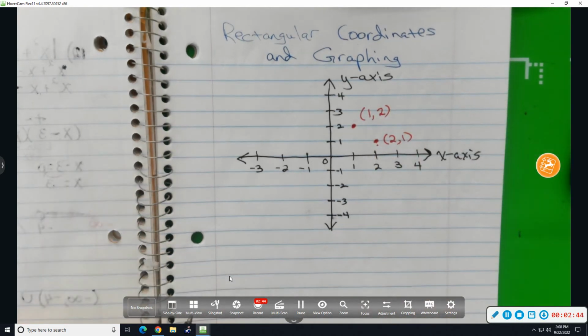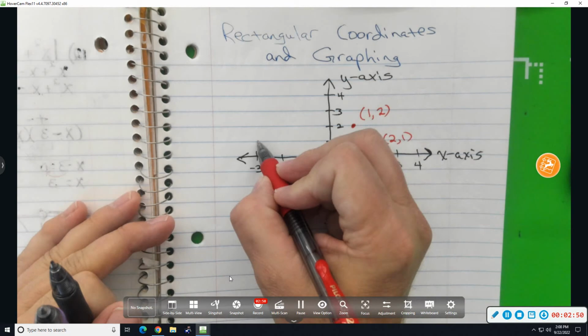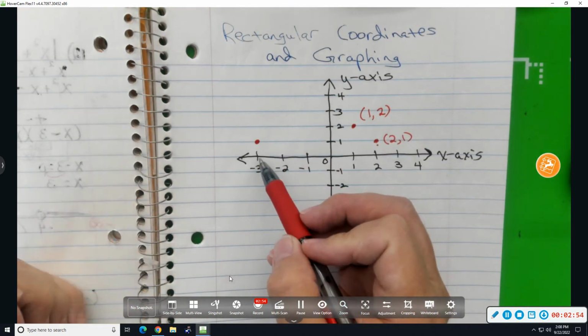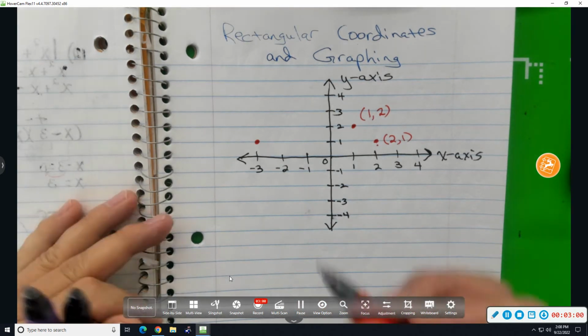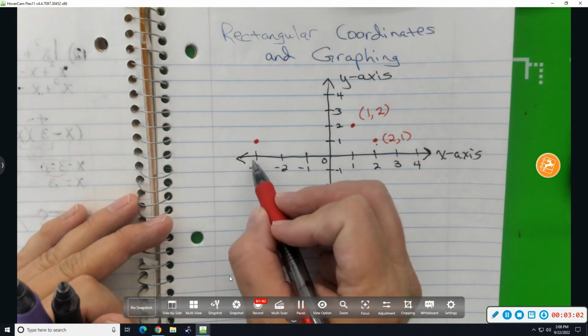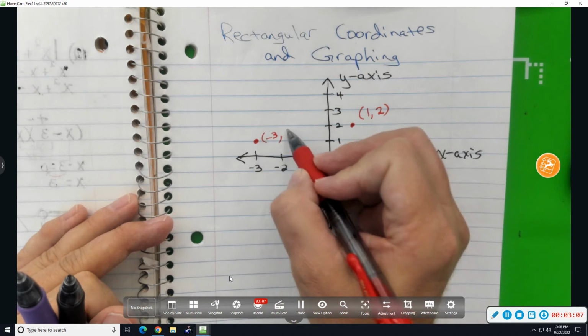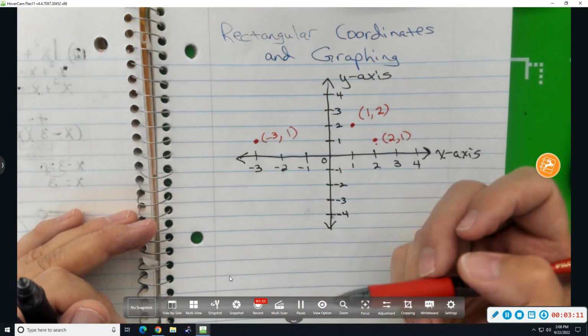Is this familiar to you? Yes? Okay, if it's really familiar to you, then you can give me some points. What would be the ordered pair representation of this point right there? Negative 3. Oh, okay, negative 3. The x value would be negative 3, and the y value would be positive 1.